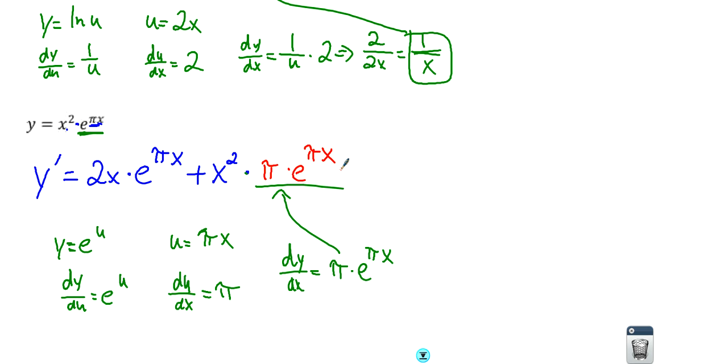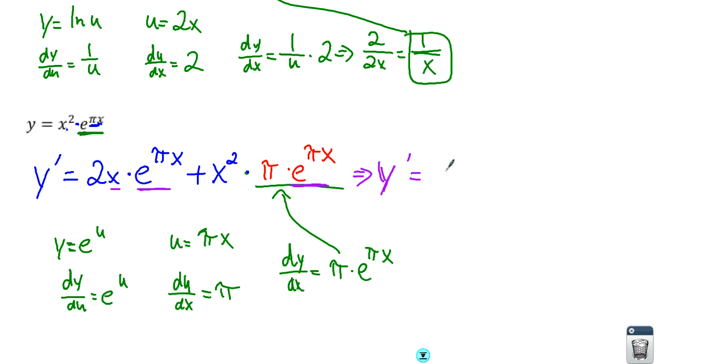Now, if I would bet money if this was on the AP exam, they would have it rewritten like this. They would have seen this e to the pi x and e to the pi x, and they would have taken out their common factor, and they might have even pulled out an x as well.